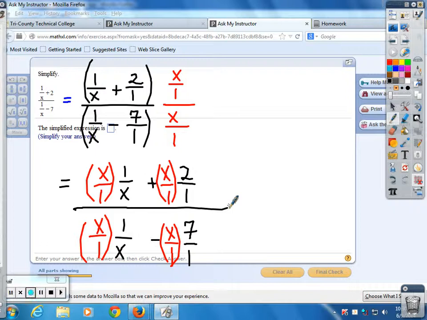And what that does is makes a big 1 here, and I'll use my blue marker.